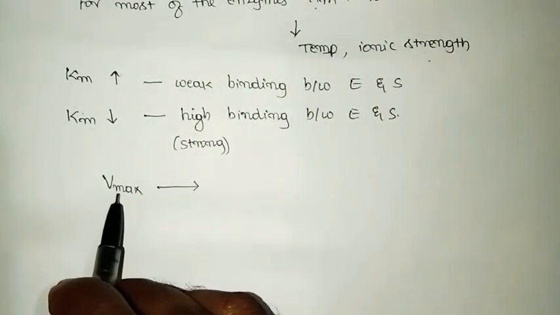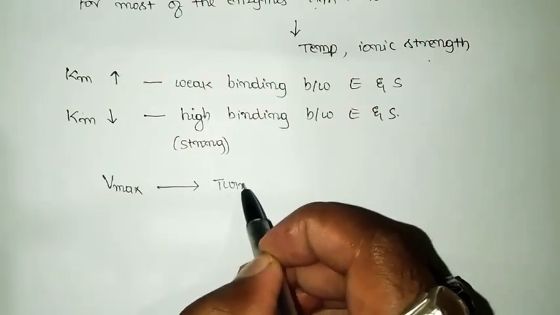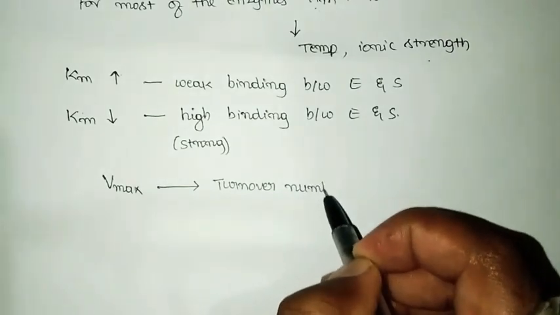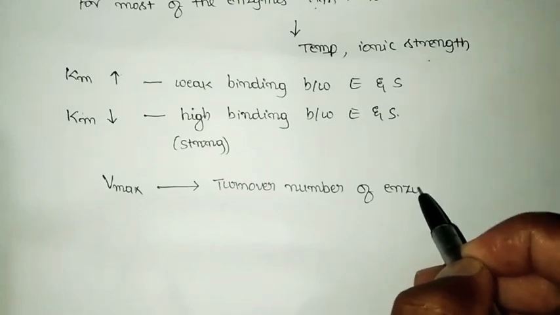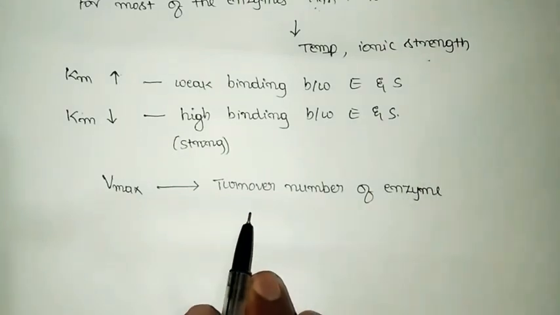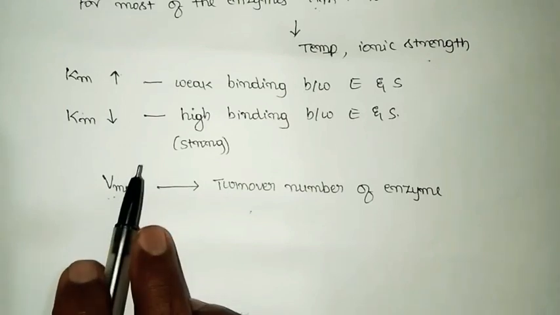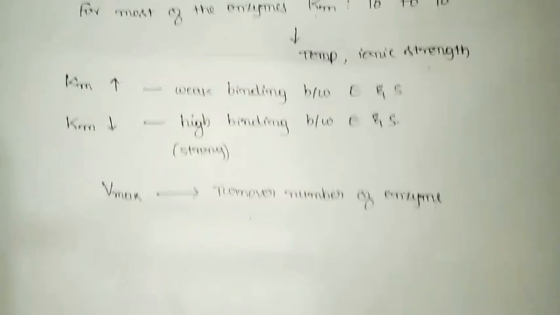That means the maximum velocity gives information about the turnover number of the enzyme. So complete information regarding the turnover number of the enzyme can be obtained on the basis of Vmax, that is the maximum possible velocity that an enzyme can show at a particular enzyme concentration.